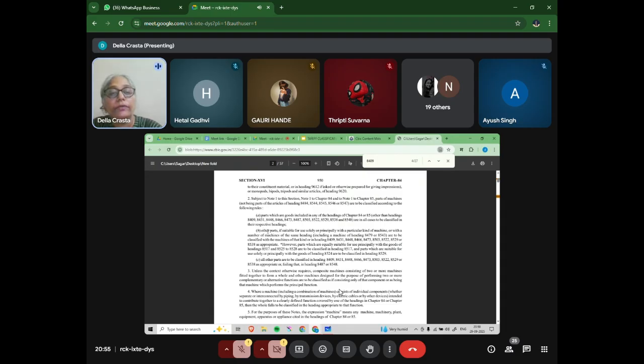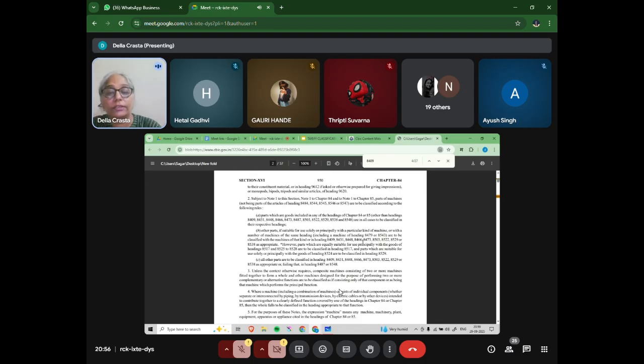So this part which we are saying: parts which are suitable for use solely or principally with a particular kind of machine or with a number of machines of the same heading, including a machine of heading 8479 or 8543, are to be classified with the machines of that kind or in heading 8409, 8431, 8448.